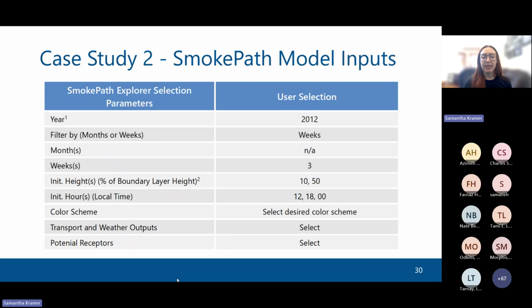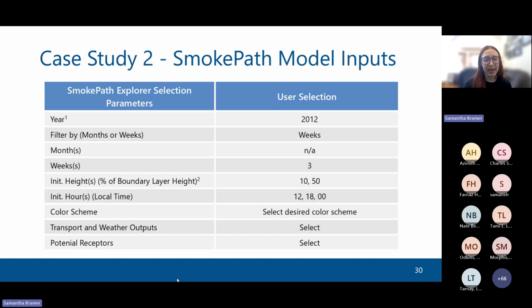Since this was a smaller fire, and also a single day fire, it was intended to be out within the next 24 hours. We looked at a single week, just week 3, the third week of January. Again, we looked at this for just 2012 and then for all 20 years.